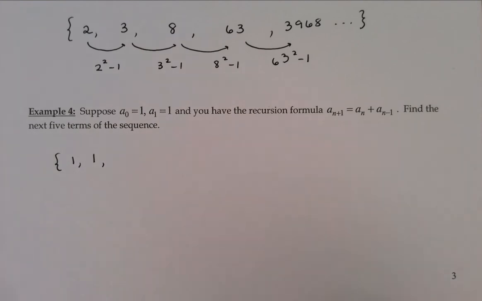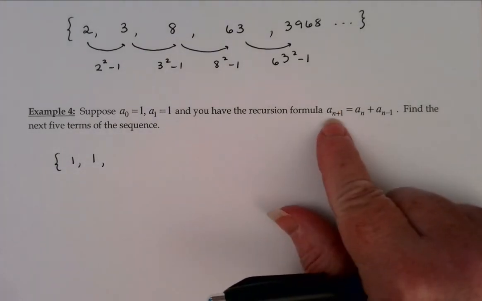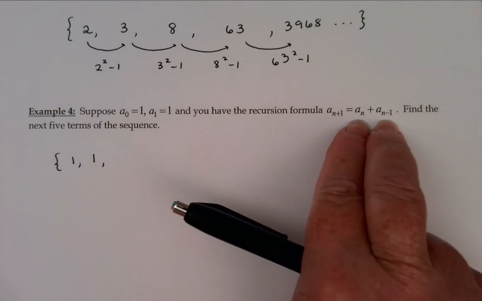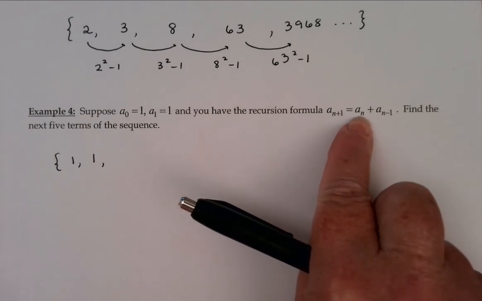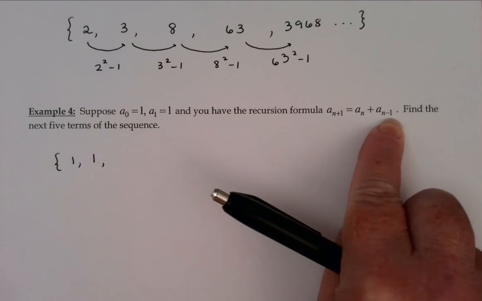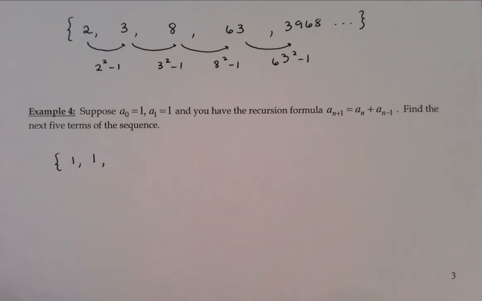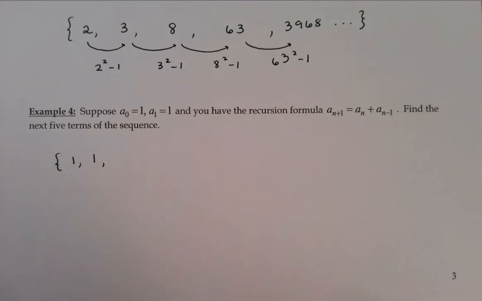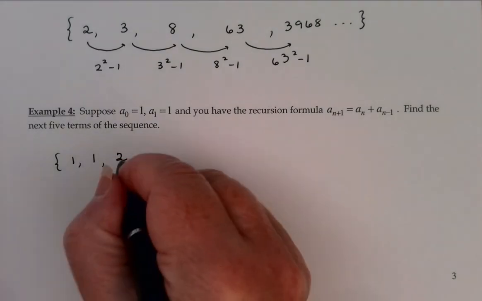Now the recursion formula tells us to get to the next term, add the 2 previous ones. Add a sub n, and then the one before that, a sub n minus 1. So if I add these 2 terms, 1 plus 1, I'll get to the next one, which is 2.